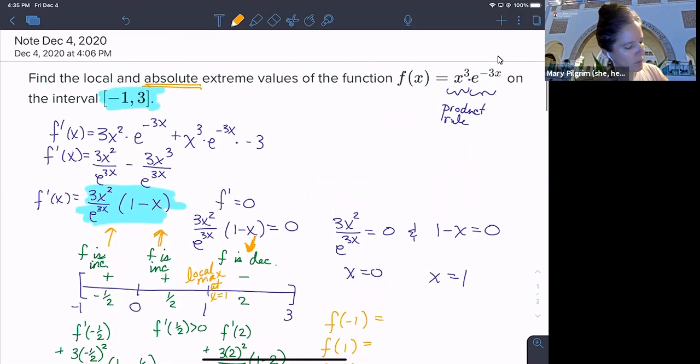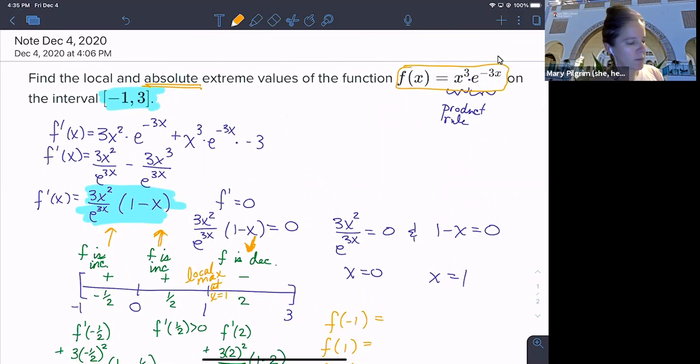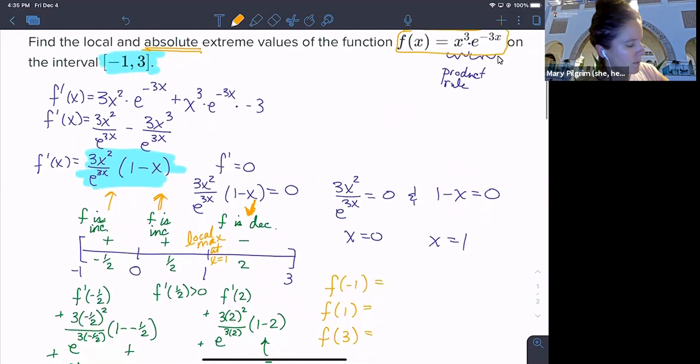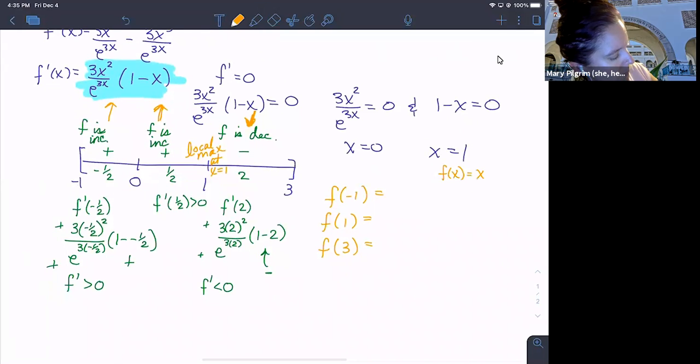Now remember that the function was x cubed e to the -3x. So let's just write that down here so we don't lose track. And so we plug in -1, we're going to get -1 e to the +3. Or if we like, that's going to be just -e cubed.